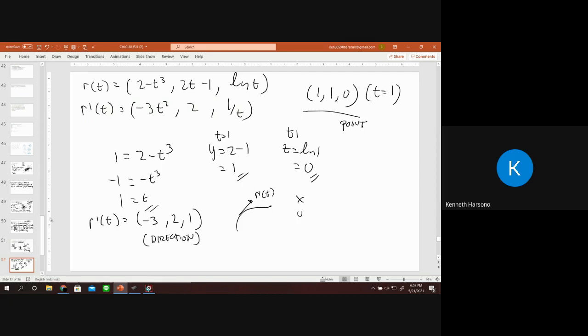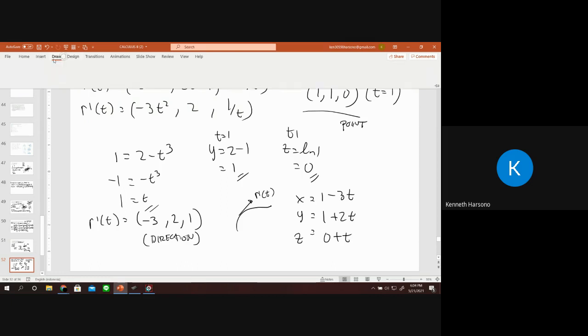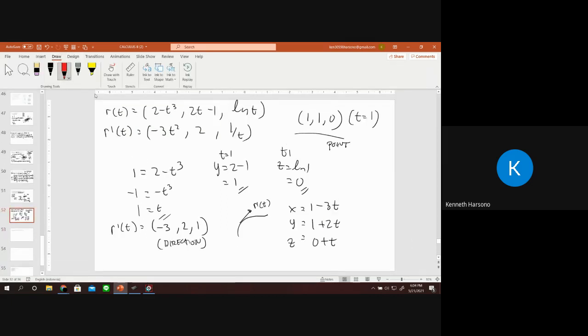So the parametric equation is 1 minus 3t, 1 plus 2t, and 0 plus t. That's it. This one is the direction, and this one is the point. Review chapter 12 again.